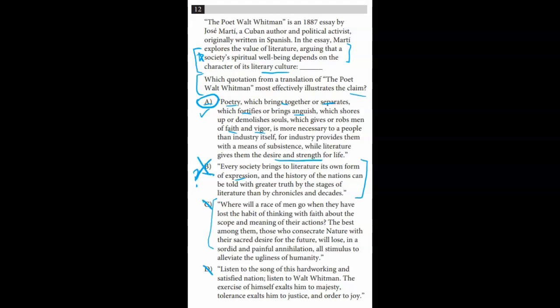I don't like B because it doesn't talk about the spirituality and it doesn't make the connection that a society is affected by the culture, but rather it's just about literature being affected by the culture, not that literature affects the culture, and that's why B's wrong. A makes it so poetry affects the society because it gives it faith and vigor, desire, strength. So A is the correct answer for number 12.